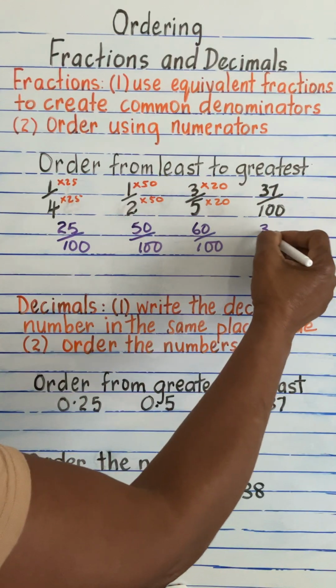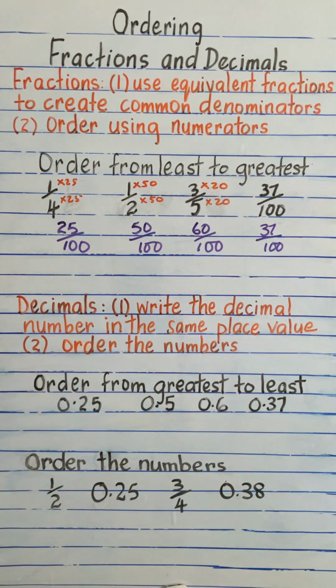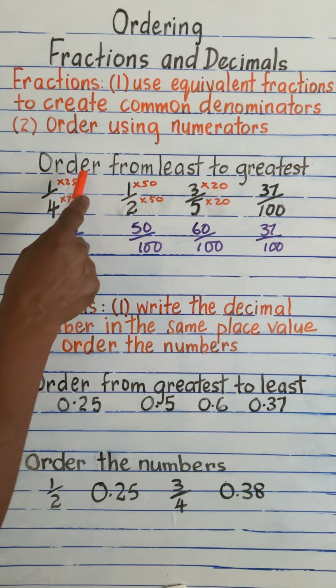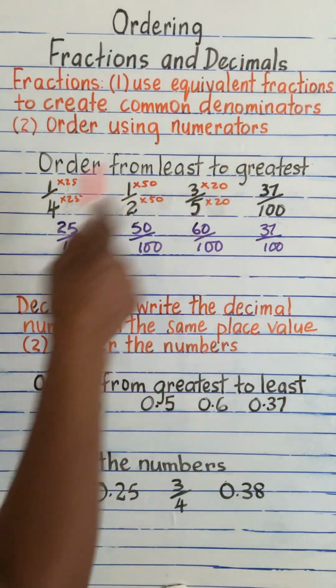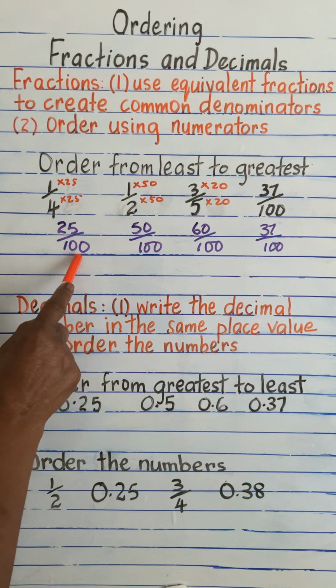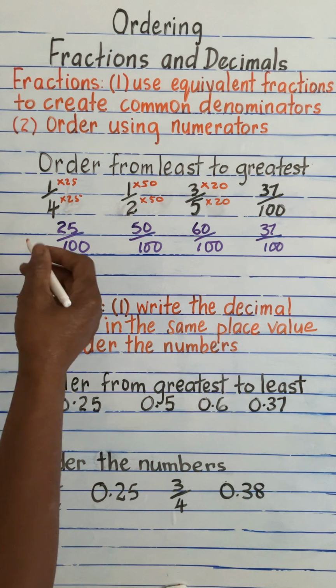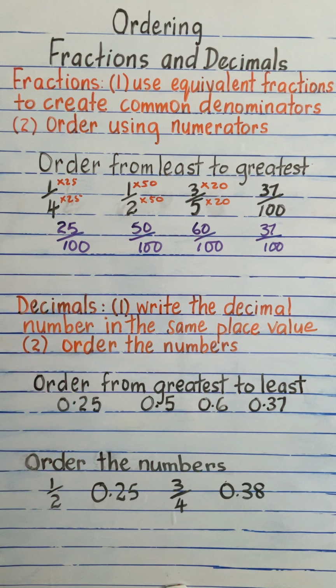So we just put that down just the way it is. Now we have all the fractions in the same denominator. We can go ahead and order from least to greatest. So the least is 25 over 100, a quarter.